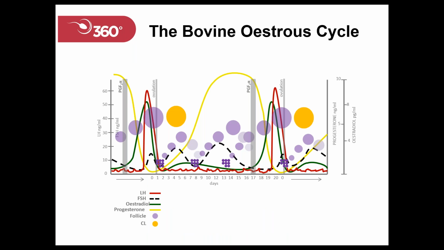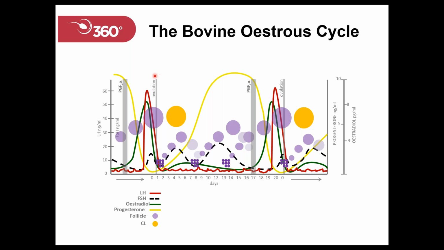So before I commence, I just wanted to review the bovine estrus cycle. Now, although this is probably common knowledge to most here, it's very important to understand the bovine estrus cycle, because without knowing this, it's very difficult to understand and alter synchronization protocols.